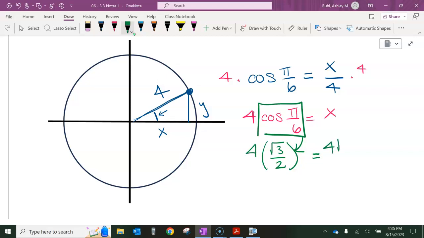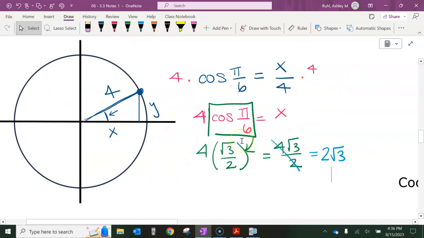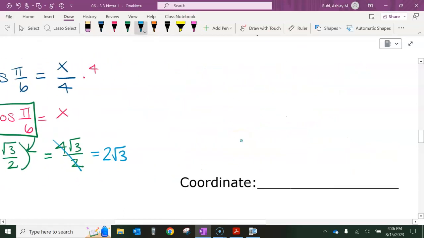And so that gets me 4 square root 3 over 2, which reduces, and it gets me 2 square root 3. So that's what I get for my x value on this question. I'm going to put that here. My coordinate would have 2 square root 3 as my x.